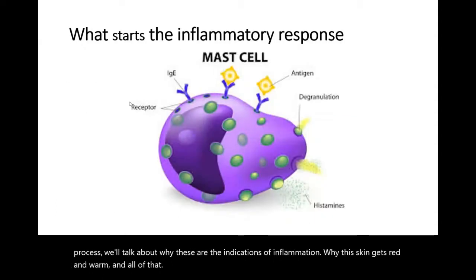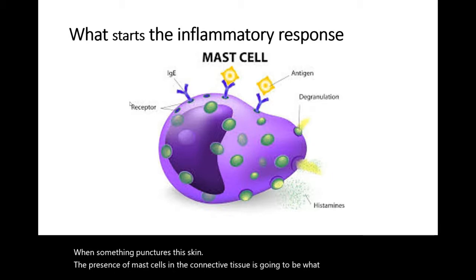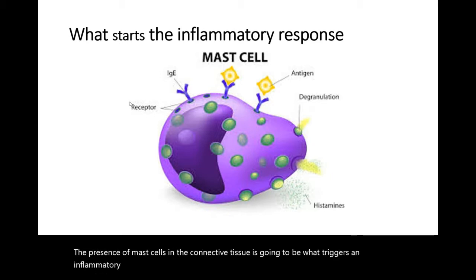All right, so when something punctures the skin, the presence of mast cells in the connective tissue is going to be what triggers an inflammatory response. Okay, so again, mast cells are found in connective tissue.